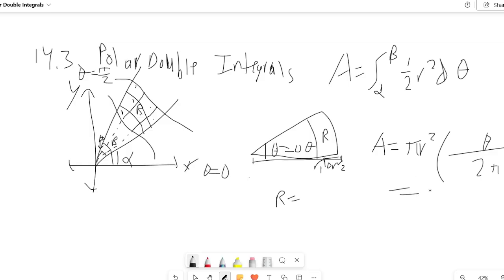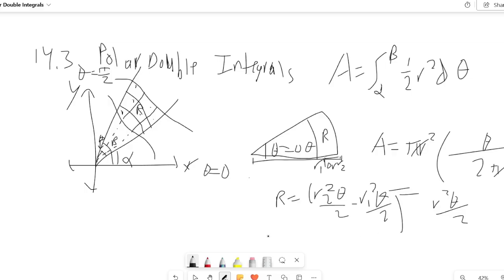So then the area of R would be the following. Let's just simplify the area formula so we can work with it. So take out pi, and then we have r squared theta over 2. And this would be r2 squared theta over 2 minus r1 squared theta over 2.